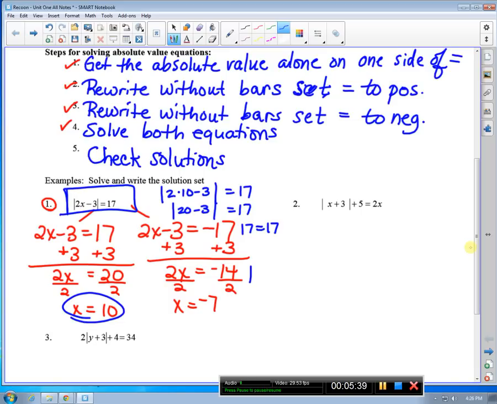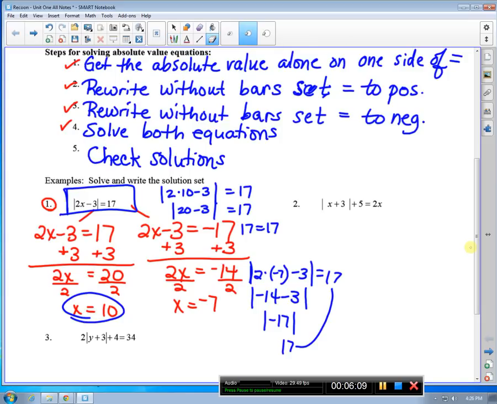We have the absolute value of 2 times negative 7 minus 3 equals 17. So that is the absolute value of negative 14 minus 3. So it's the absolute value of negative 17, which we know its distance from 0 is 17, and you have a match, so that it checks. Make sure you always go back to the original when you are checking.